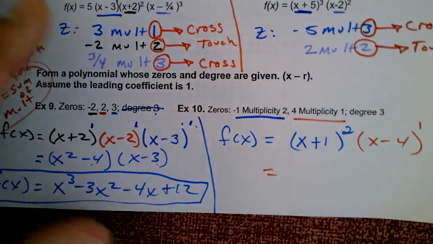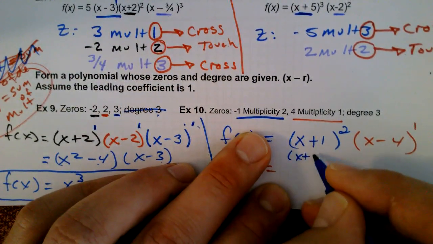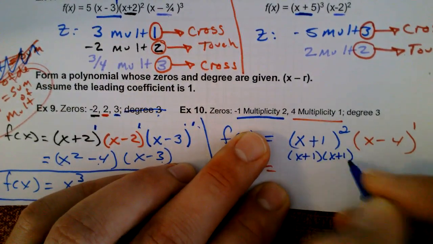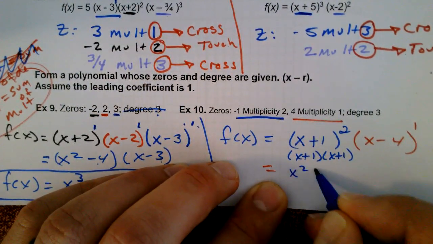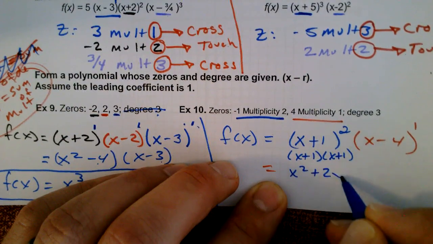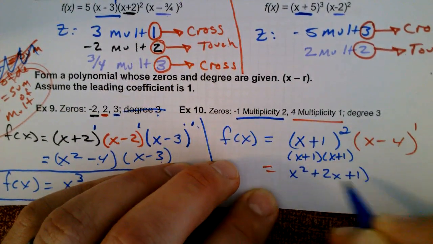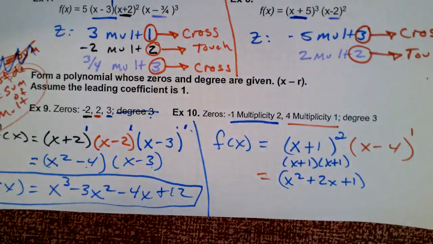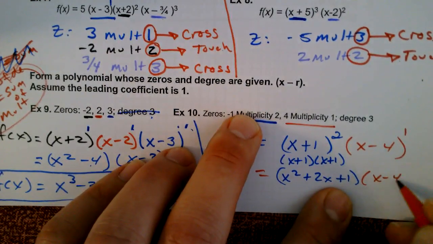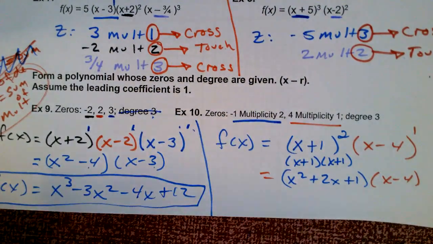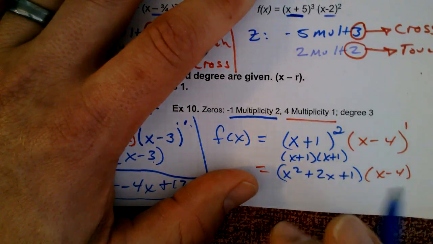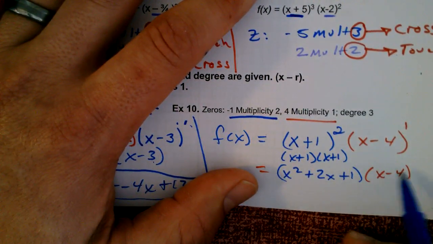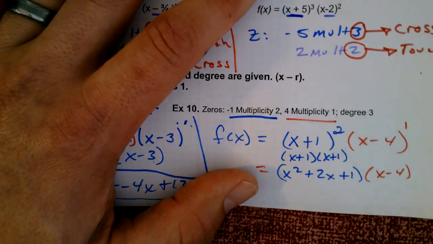Yeah, let's do it. This is x plus 1, x plus 1. So I FOIL that out. That's x squared. 1x and 1x is 2x, and 1 times 1 is 1. And now that's times x minus 4. So go through and multiply. There's 3 terms here and 2, so 3 times 2 is 6.